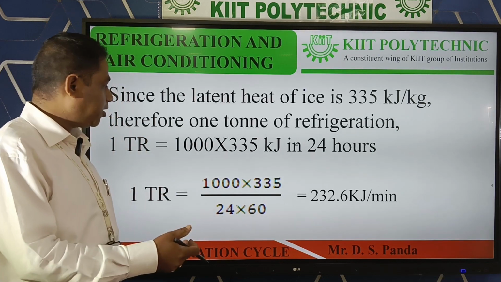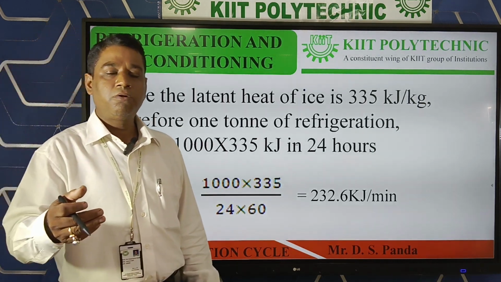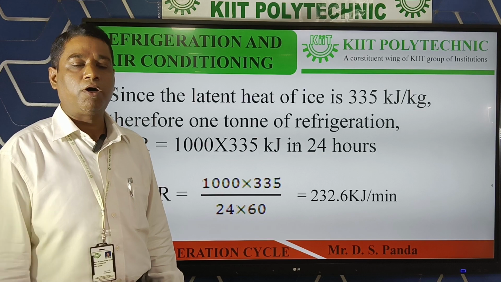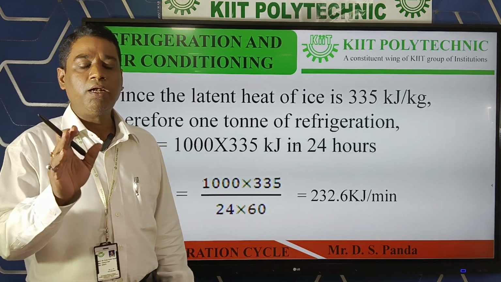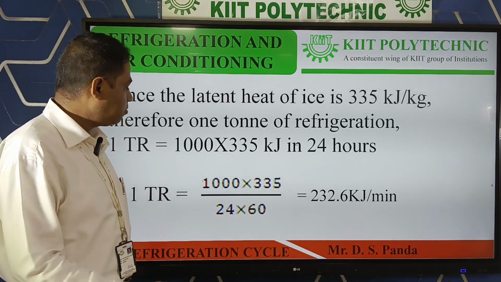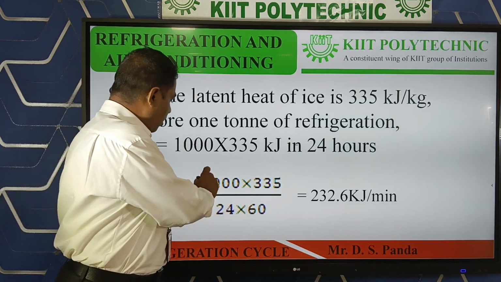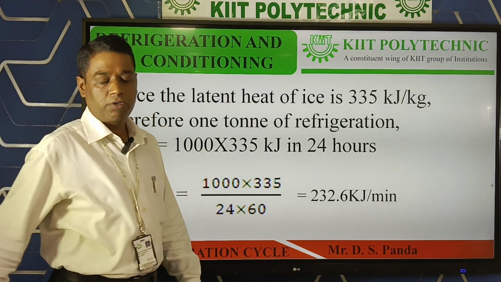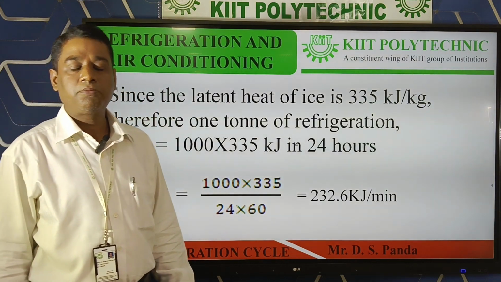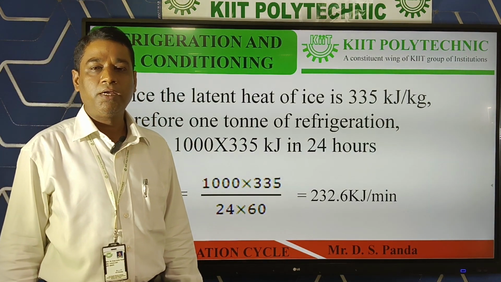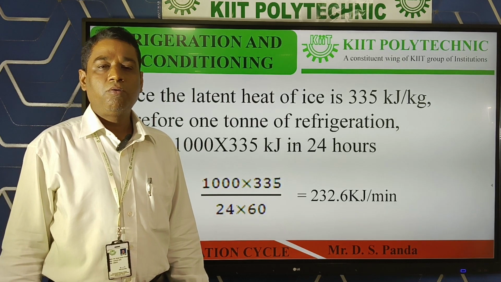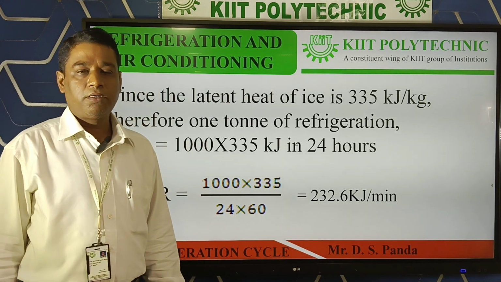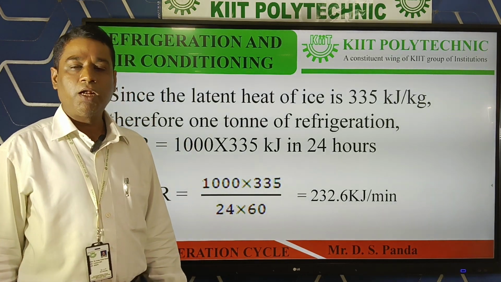Next, if we want to know the amount of heat addition required in 1 hour, we have to do 1000 into 335 divided by 24, and that many kilojoules of heat are required in 1 hour.